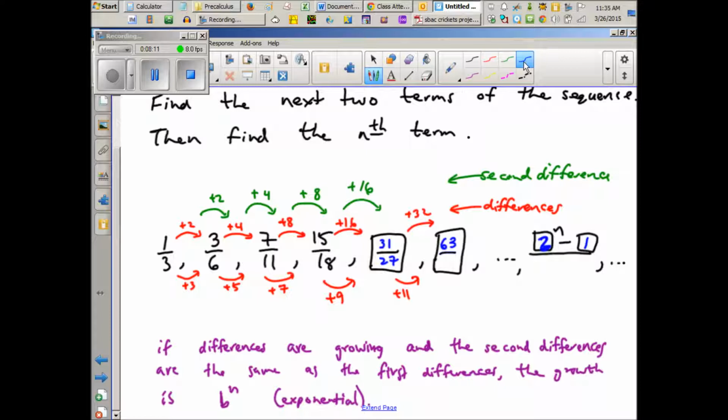I'm sure if I asked for a show of hands, everybody would say they had the 2 correct. It's getting this general term over here figured out. This is the hard part, right? So you have to have some understanding. The second differences in green are what? 2, 2, 2, 2. Did anyone figure out the denominator of the general term?